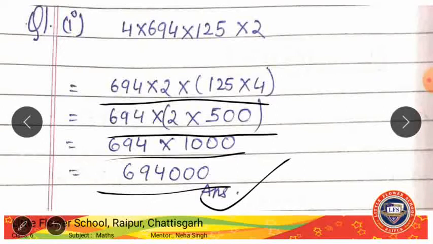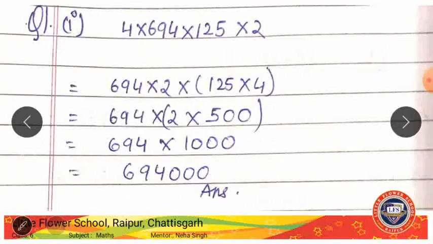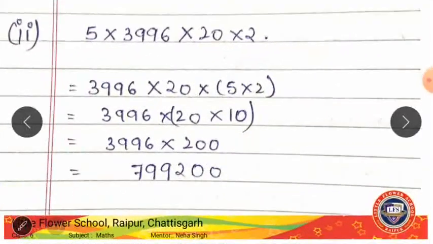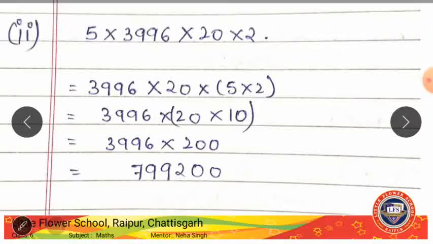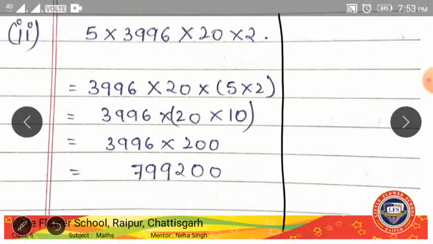Okay, so now moving on to the next question. Continuation of the fourth question, second part: 5 into 3996 into 20 into 2. Now again I will solve this question with two methods, and both the methods are correct, right?